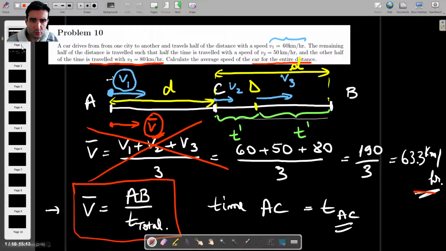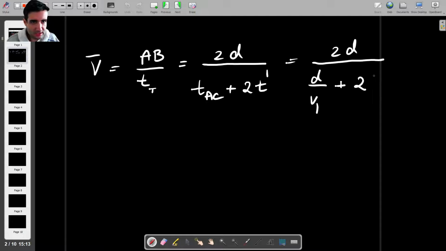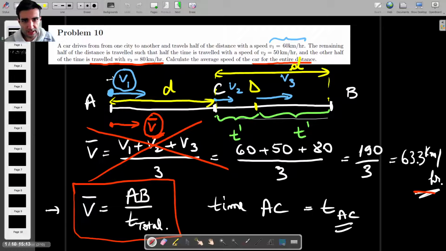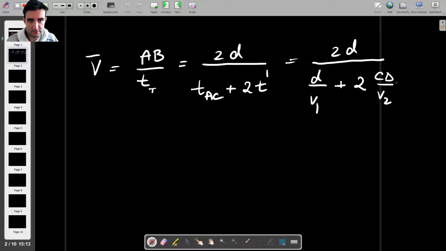For t prime, although you can do this in a couple of ways, I'll express t prime as just cd over v2. So what I'm doing basically, I'm looking at this section. This section has a length of cd, which we don't know, but we know that's traveled by the car with a constant speed v2. So the time taken to travel that is distance over velocity. So 2 cd over v2.